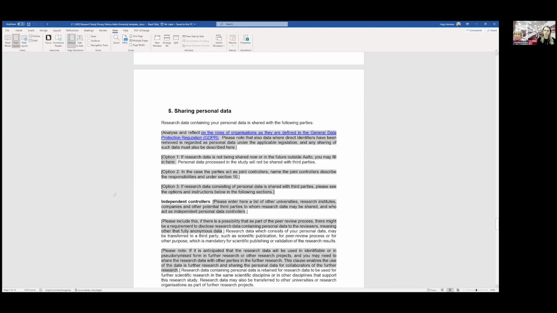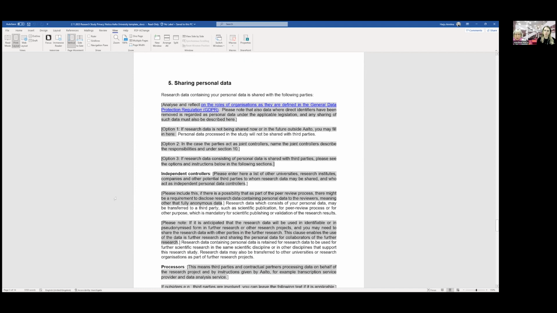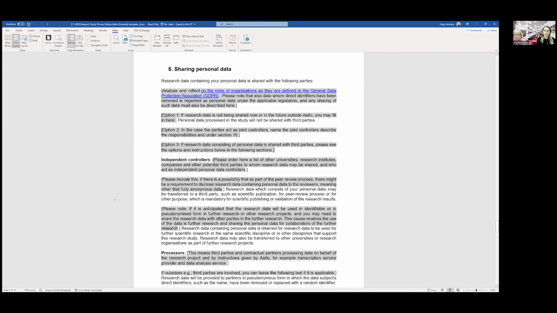Even if you don't need consent as the legal basis, because the legal basis is scientific research, you still need consent to participate, because in scientific research, participation has to be voluntary, and participants have to be informed that they can voluntarily choose to participate or not. Yes. So now I give the floor to Annina.